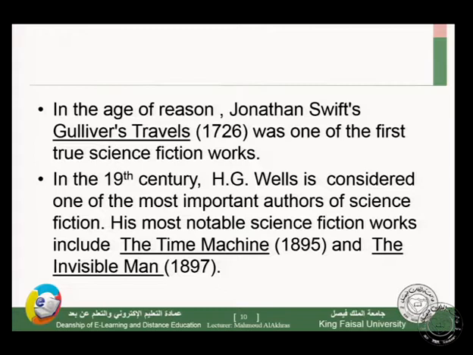His most notable science fiction works include The Time Machine, which was written in 1895, so it is in the 19th century, and The Invisible Man, which was written in 1897. So these examples of science fiction are Gulliver's Travels, The Time Machine, and The Invisible Man.